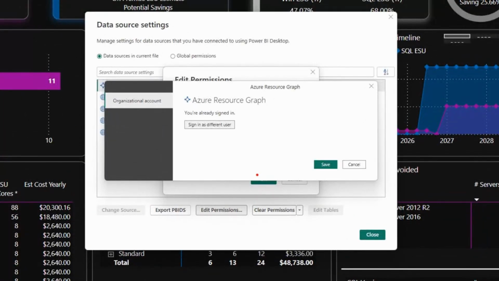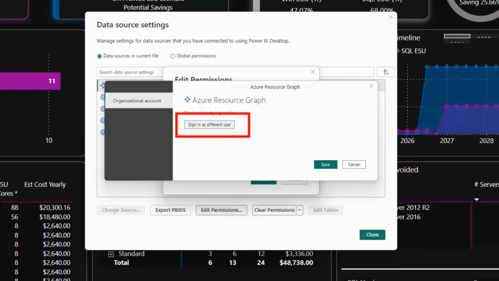The first time you run this dashboard, this is going to pop up in front of you, asking you to sign in with a login. Now that login needs to be an Azure identity, so an Azure login to that subscription that has read access to that Azure Resource Graph, so we can read all of it, run all of its queries, so we can pull all of that data into this dashboard and get it working.